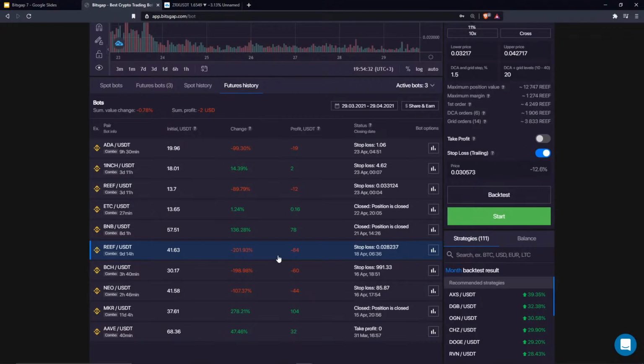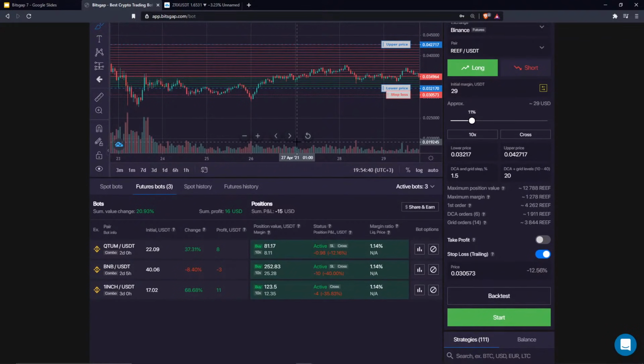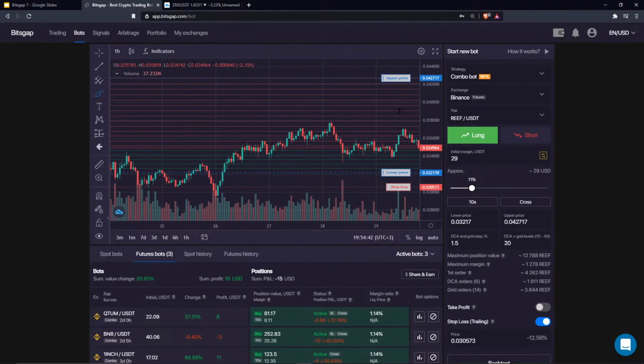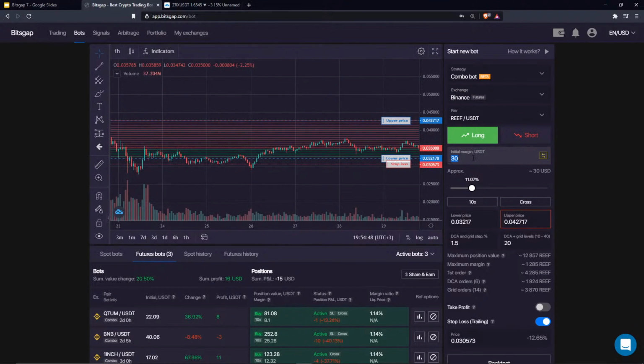In the futures market, it's a completely different story, a completely different risk management system. So I just need to make sure that you understand that in general your initial margin can double, so it can be 60 at some point.